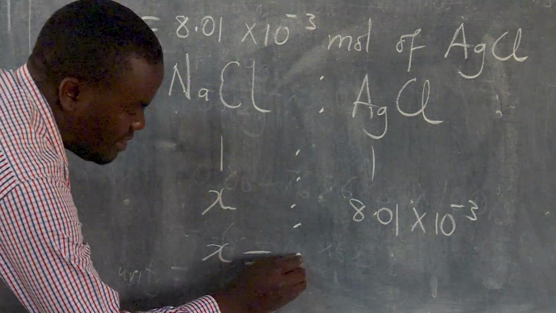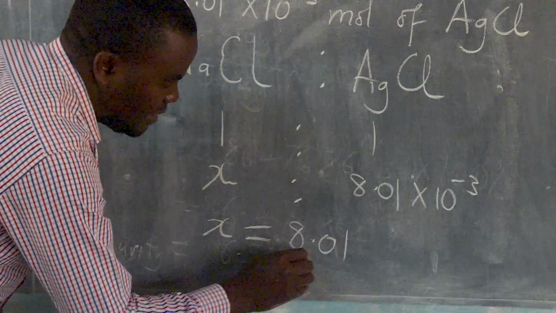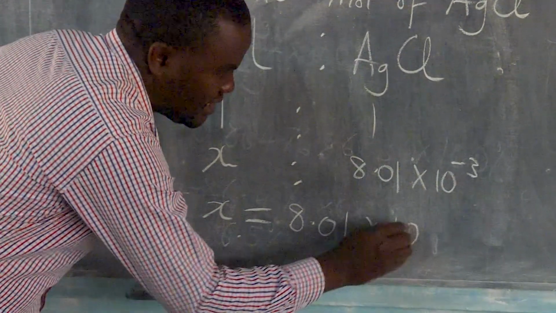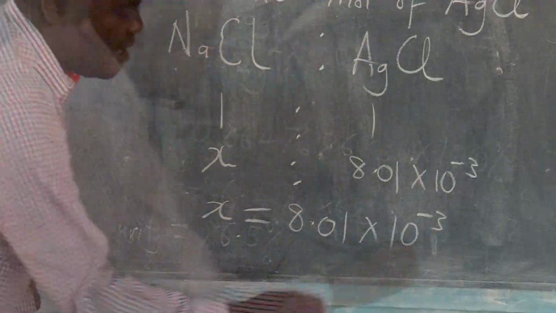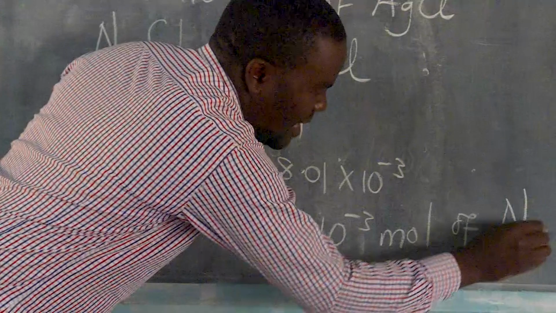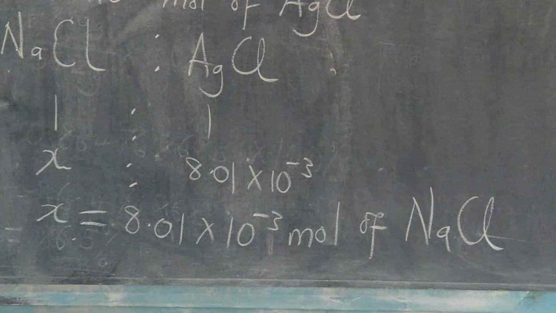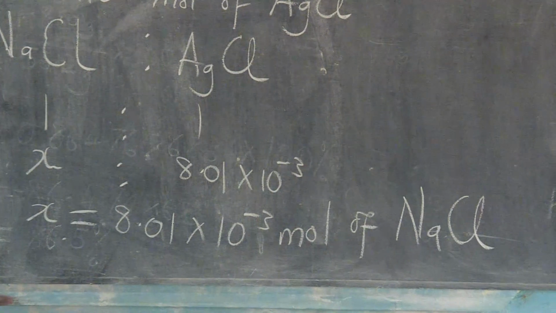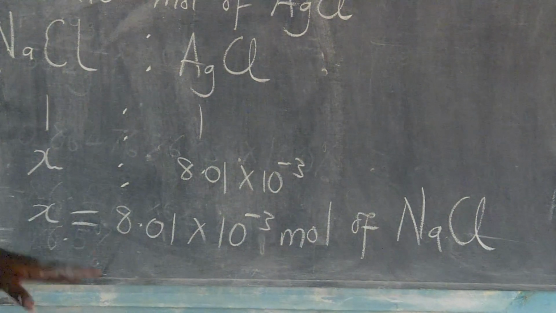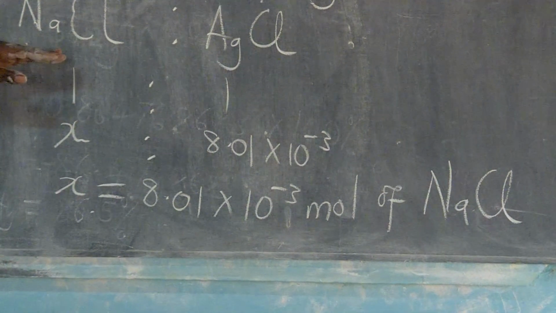So the number of moles will be 8.01 to the exponent negative 3 moles of sodium chloride. Are we together there? So now what we've found is the number of moles for sodium chloride.